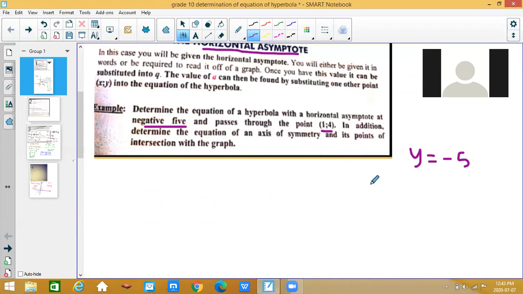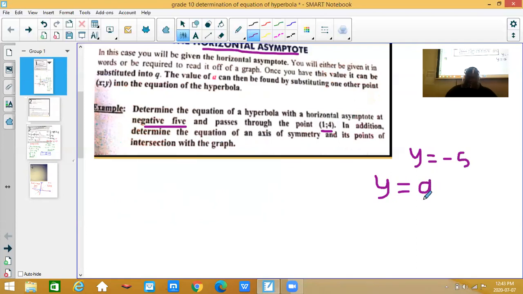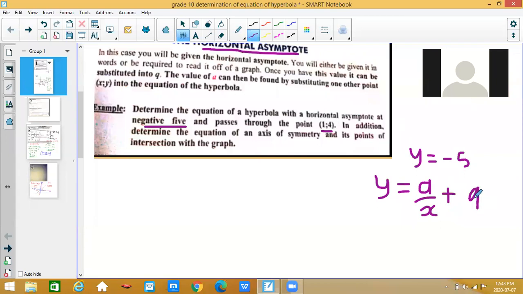But what is it that we know? We know that the equation of the hyperbola has this format: a over x plus q.